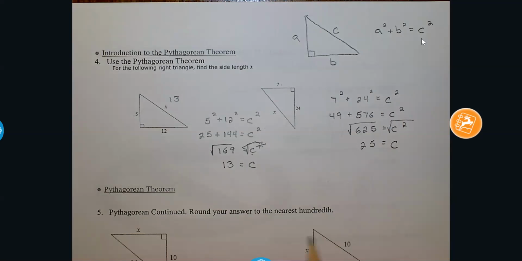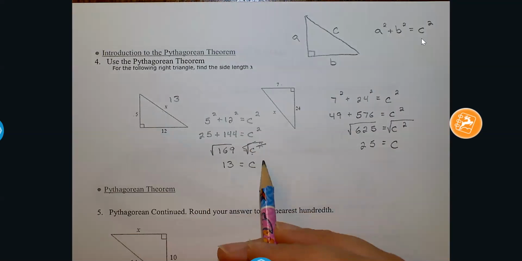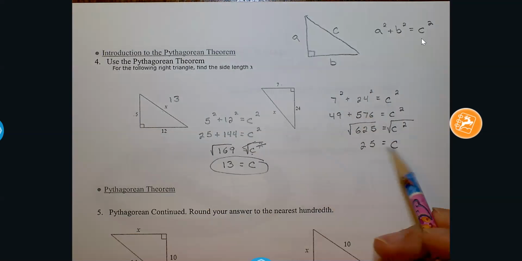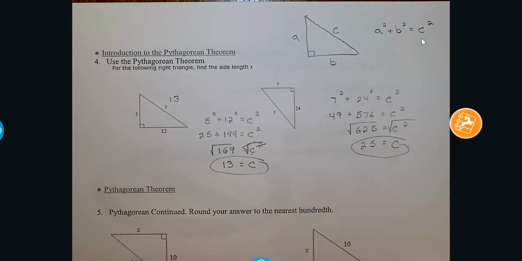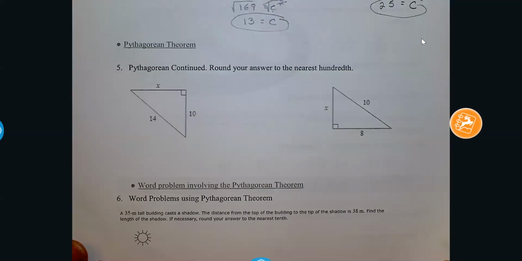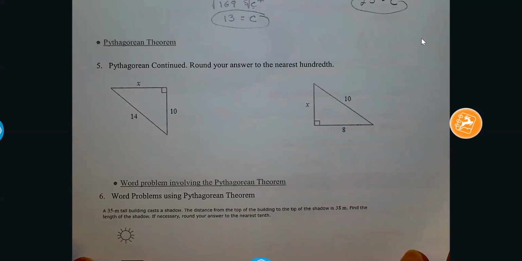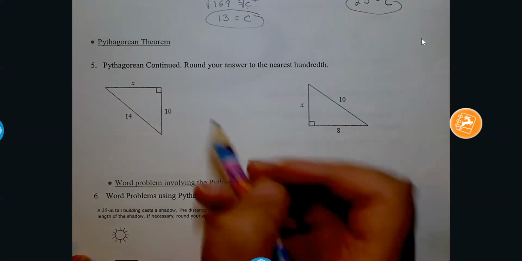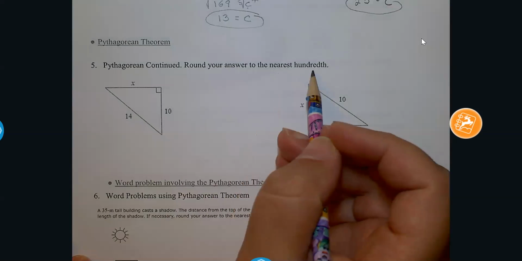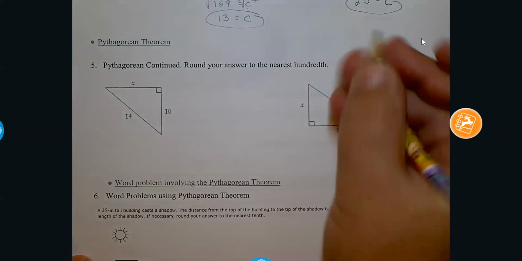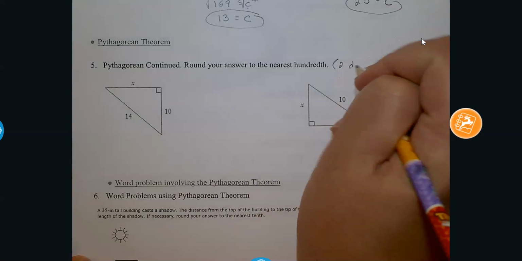Okay, so we are looking at our hypotenuse of the first one on number 4 being 13 and the hypotenuse of the second being 25. Okay, now we are going down to our next topic, which is just the Pythagorean theorem. We are asked here to round your answer to the nearest hundredth. Hundredth would be 2 decimal places.